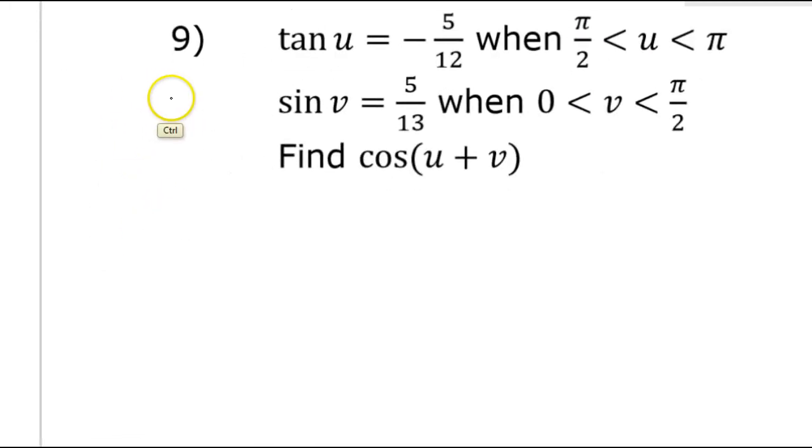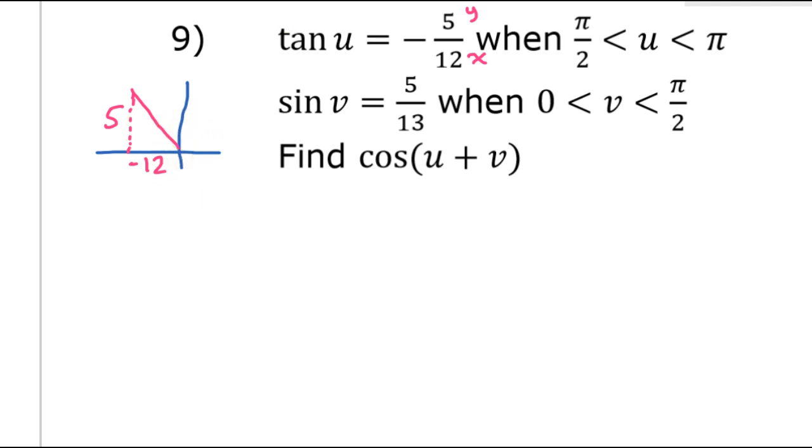So let's draw that little picture real quick. Maybe I'll put it over here. So here we go, second quadrant. Alright, little schematic. Okay, tangent is y over x. So this is going to be 5 over negative 12.